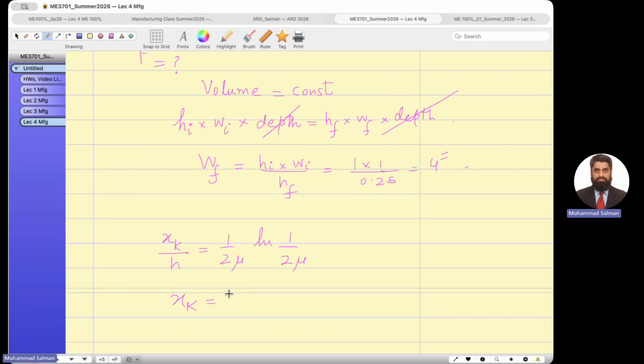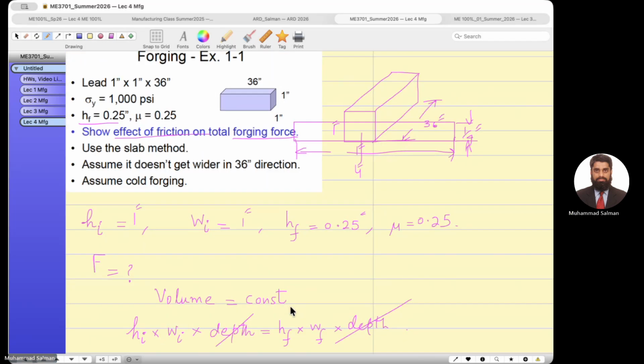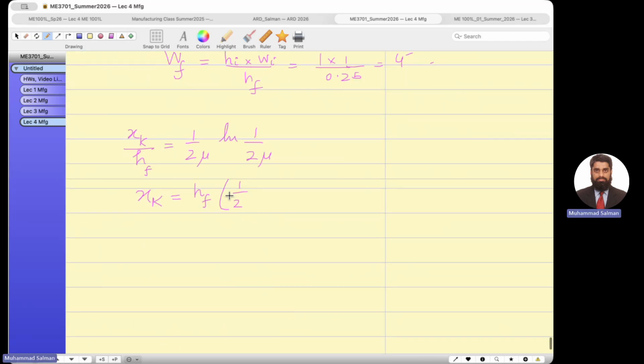Can you calculate that? Make sure this is the final height, okay, so that you will not confuse. 2 times, what is mu? 0.25. Agreed?